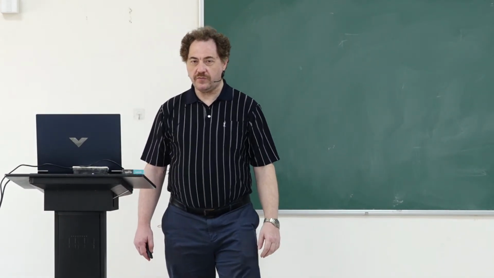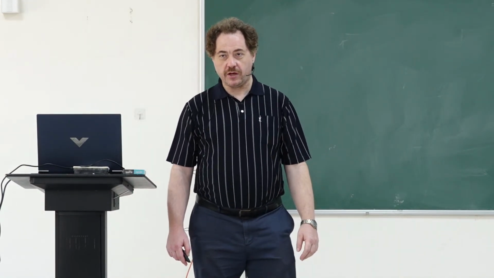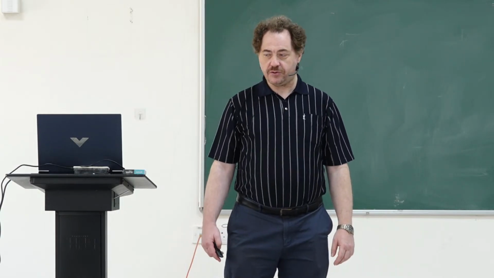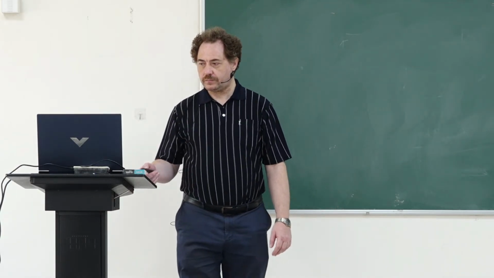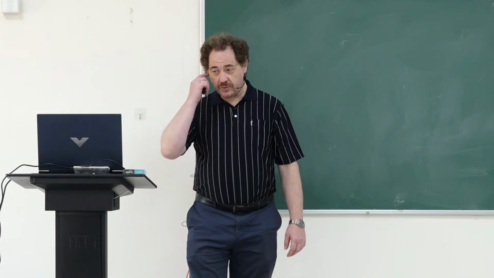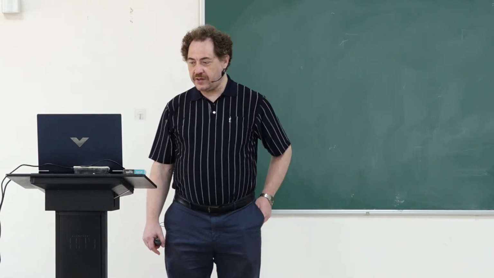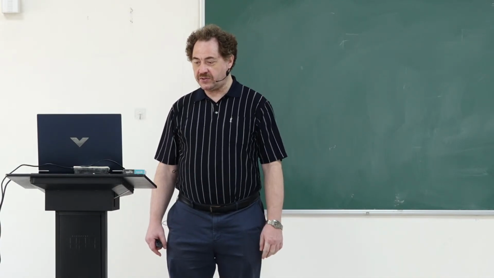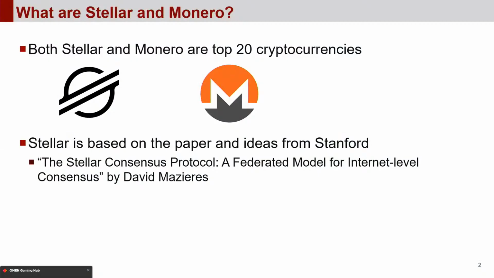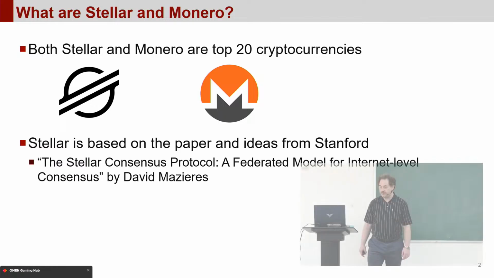The first lecture today would be about Stellar and Monero, which are two additional cryptocurrencies. So what are Stellar and Monero? They are both in the top 20. Stellar is based on the paper and ideas from Stanford. The paper is called the Stellar Consensus Protocol, a federated model for internet-level consensus.